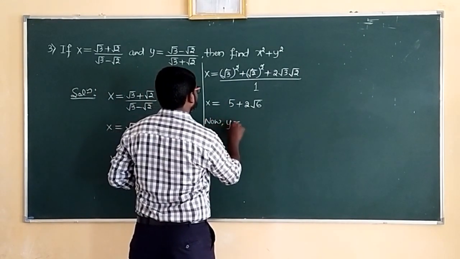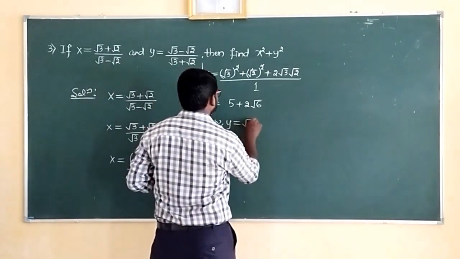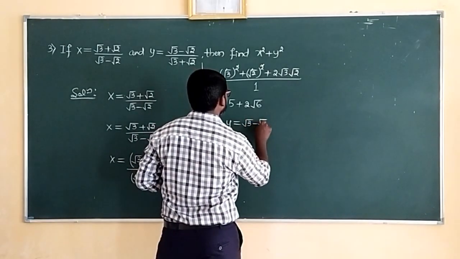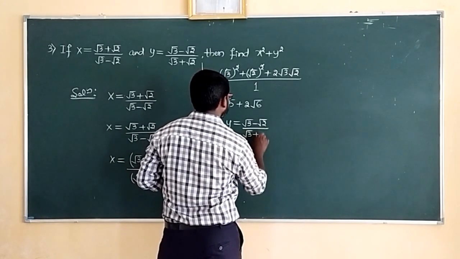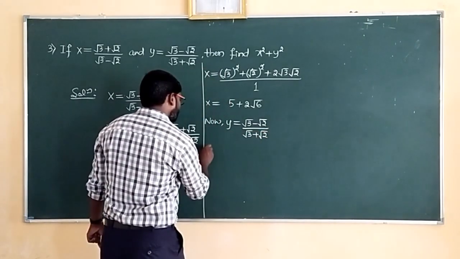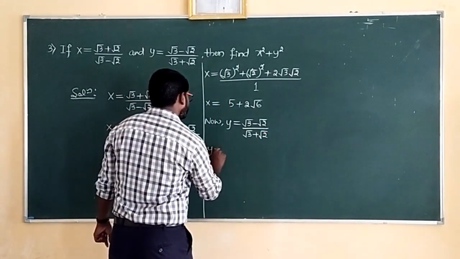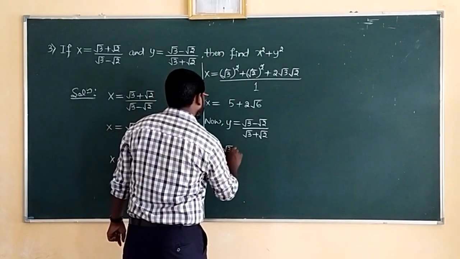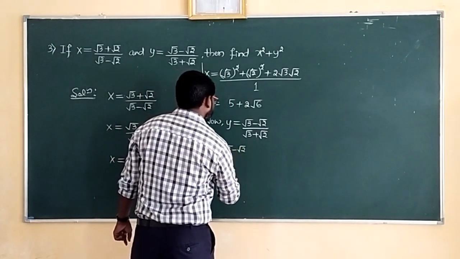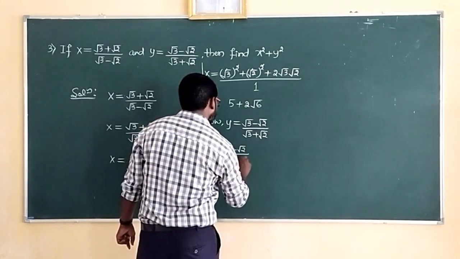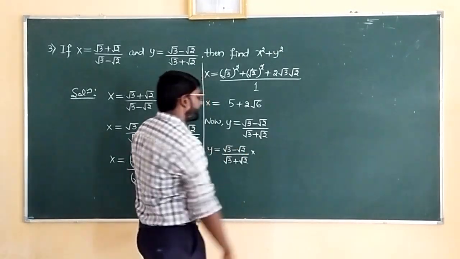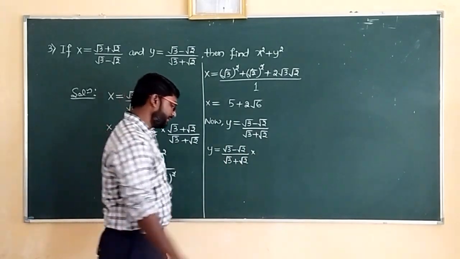y which is equals to root 3 minus root 2 divided by root 3 plus root 2. So multiply and divide by the opposite sign of the denominator.